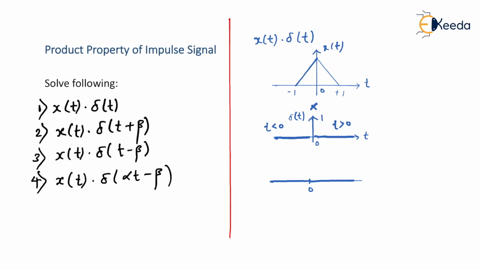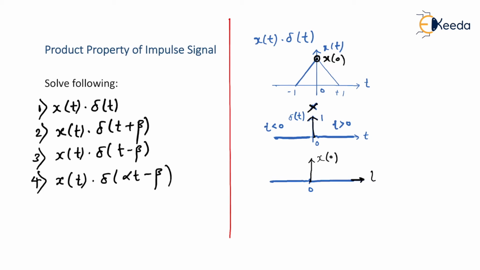We don't know the value of x of t at t equal to 0, but in general, I can write this as x of 0. Am I right? So this x of 0 is getting multiplied with this impulse signal. So of course, you will have an impulse signal present only at t equal to 0, having area x of 0 now.